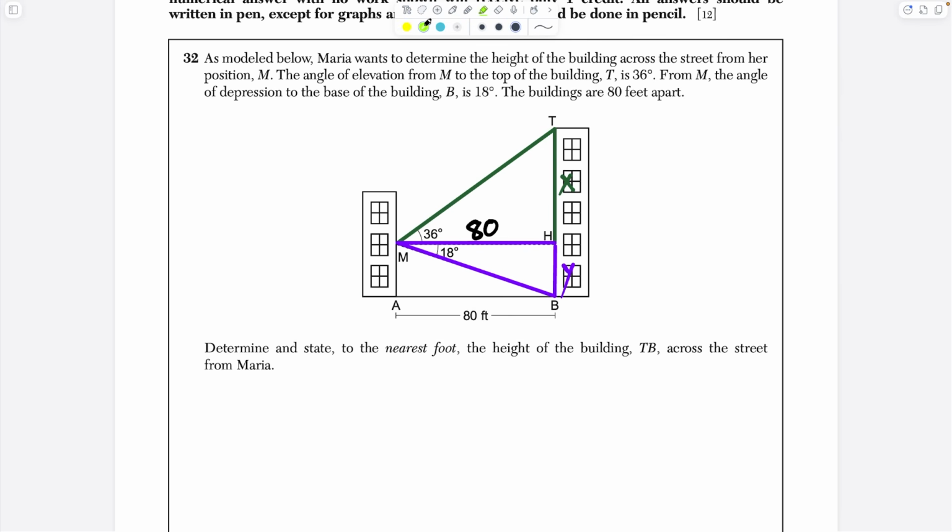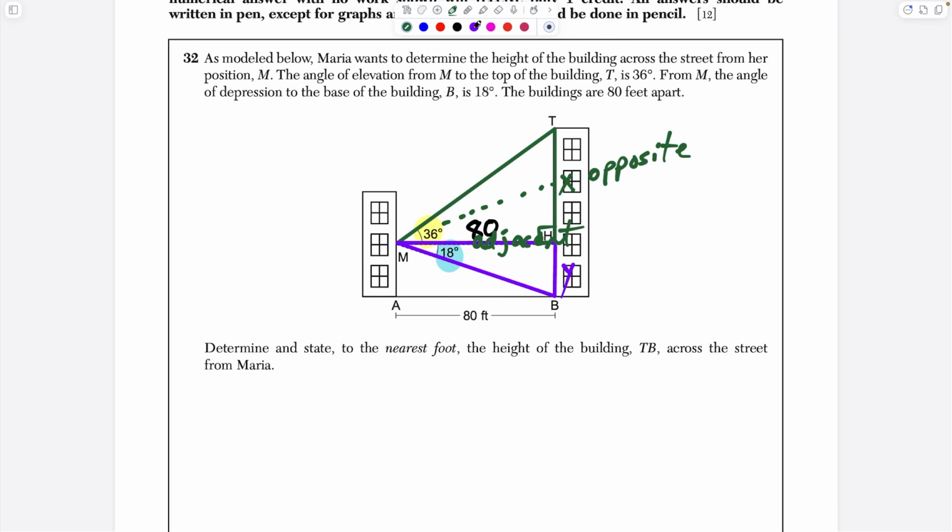So now I'm going to use 2 separate angles. We have this angle here, and we have this angle over here. If I focus on the green triangle first, we have a right angle over here, 36 degrees is here, and X is the side opposite. This side is opposite of the 36 degree angle, and the 80 represents the side that is adjacent.